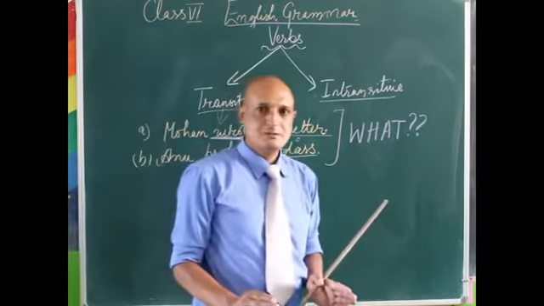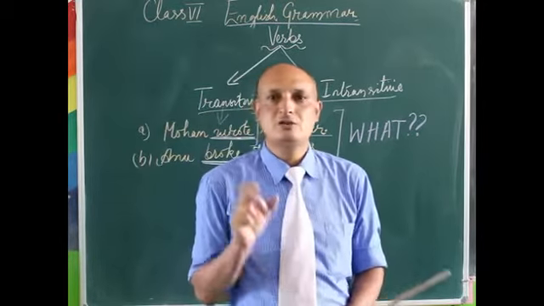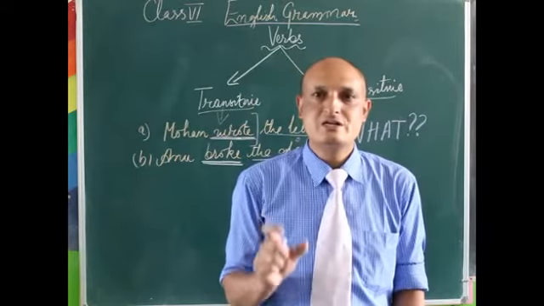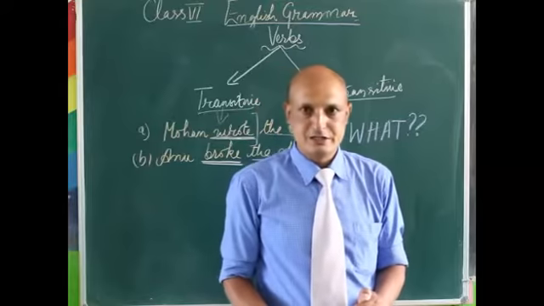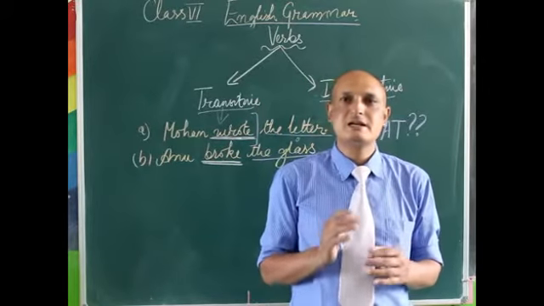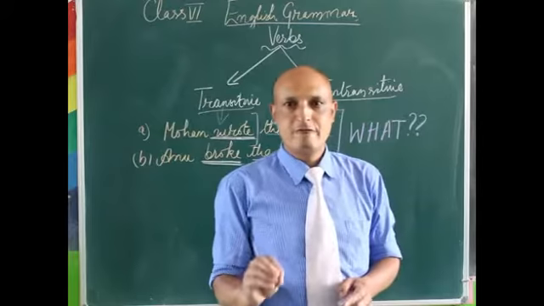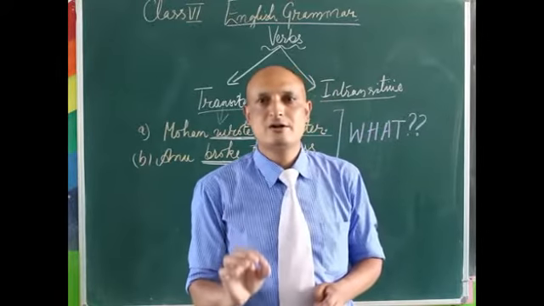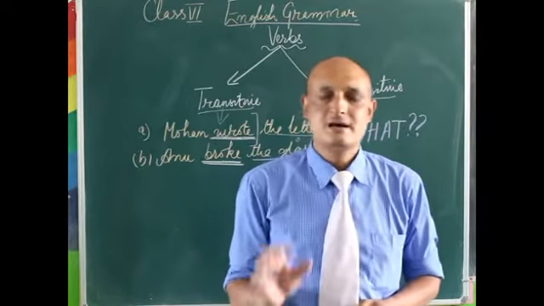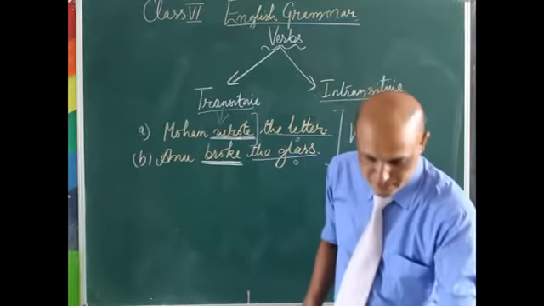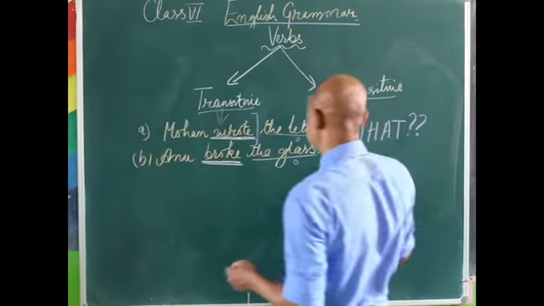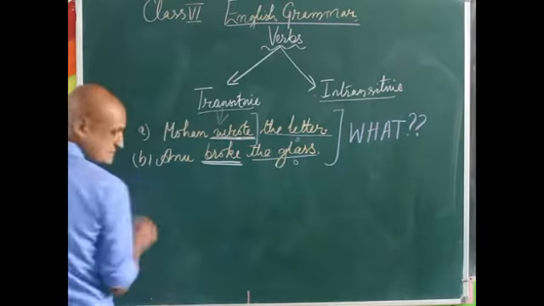What are transitive verbs? Transitive verbs are those verbs which need an object to make them complete. To make complete sense, it needs an object. So the verbs that need an object are called transitive verbs. Now we'll see some other sentences.